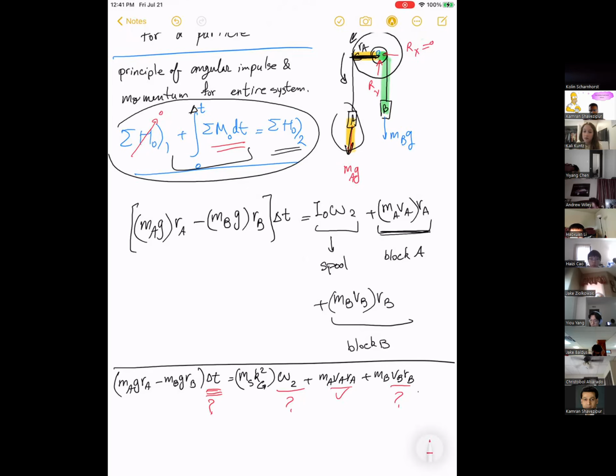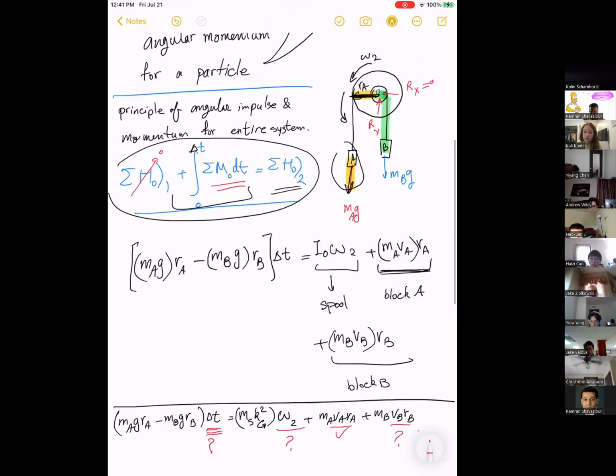One of the Jakes, tell me how I can relate omega 2, VB, and VA so we get an equation out of it. Jake B, you want to say something? I'm not really sure how to do that. This is a part of chapter 16.